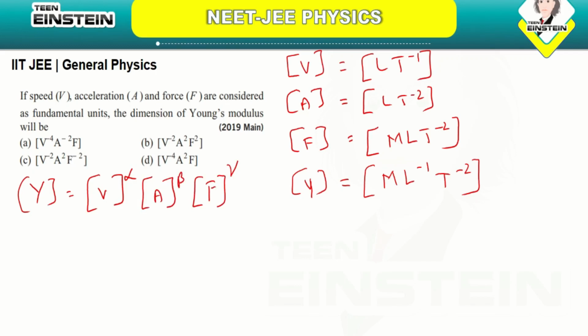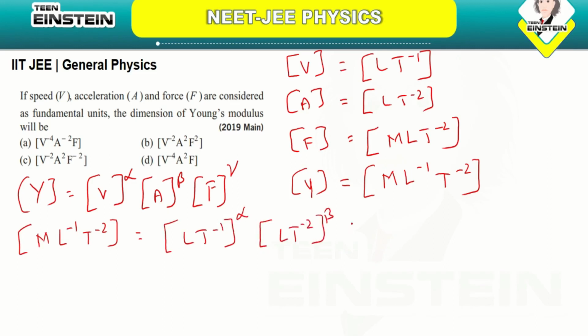So now you substitute the dimensions inside. You will be having M L power minus 1 T power minus 2, that is for Young's modulus, and v is L T power minus 1 to the alpha, and a is L T power minus 2 to the beta, and f is M L T power minus 2 to the gamma. Okay.